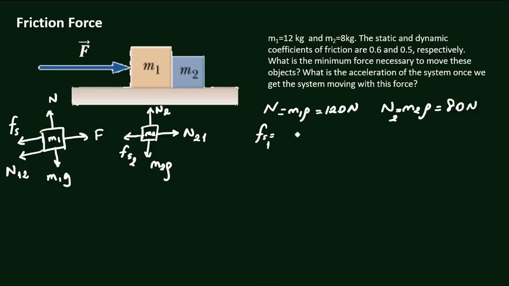First one will have a force of M1g, 120 newtons, times the static friction coefficient, which is 0.6. That gives us 72 newtons of friction force. And then on the second one, we have 80 newtons times 0.6, which is 48 newtons of friction force. Perfect.